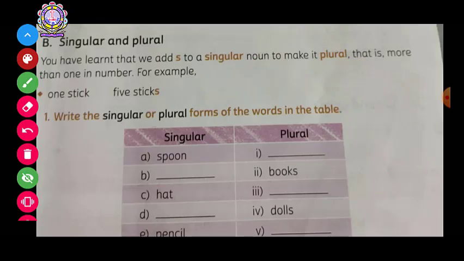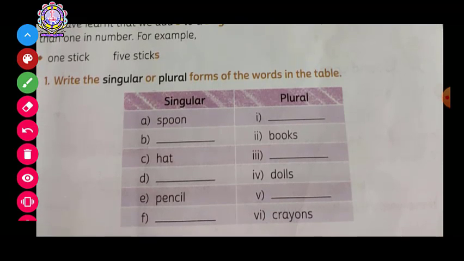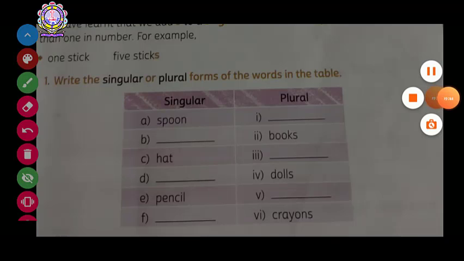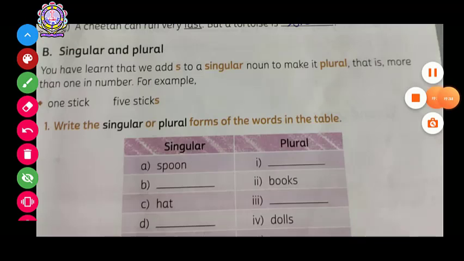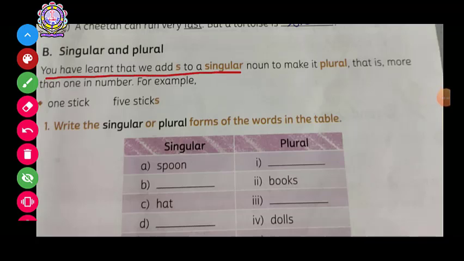All right, now we will fill these blanks. So spoon, what will come here? Can you see this line? You have learned that we add s to a singular noun to make it plural, that is more than one in number.